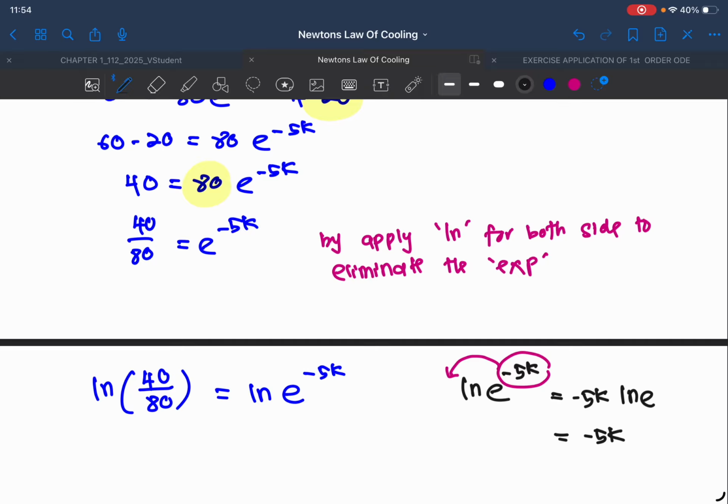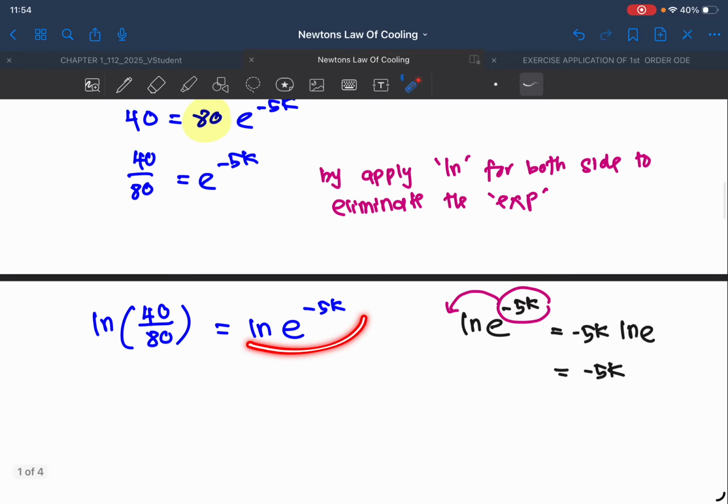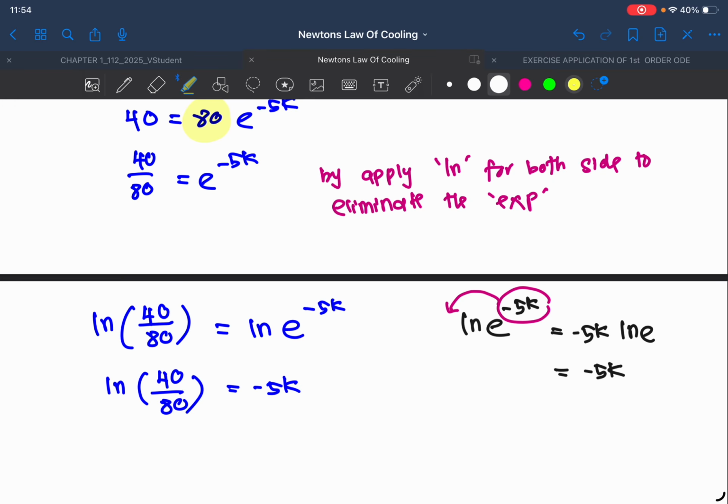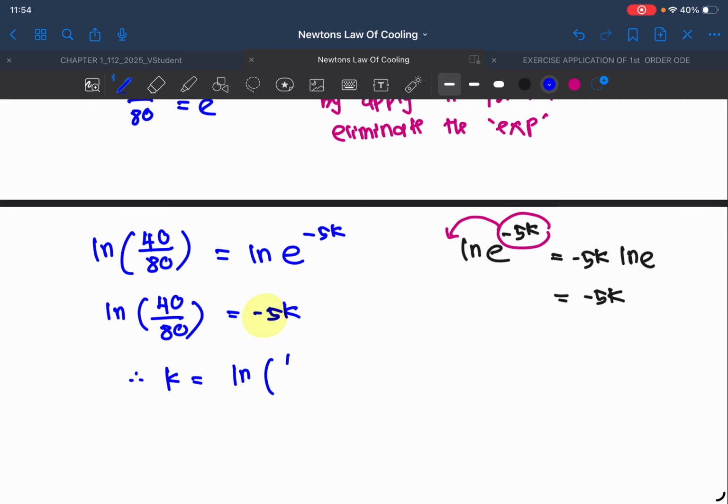So now your right hand side becomes negative 5k. In order to get the k here, we need to divide by negative 5. Therefore k is equal to ln of 40 over 80 divided by negative 5.